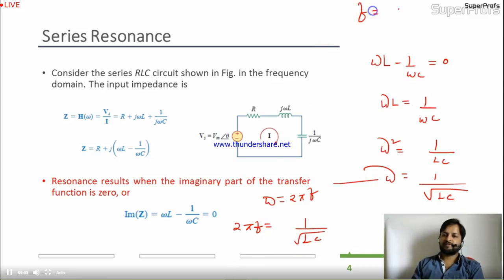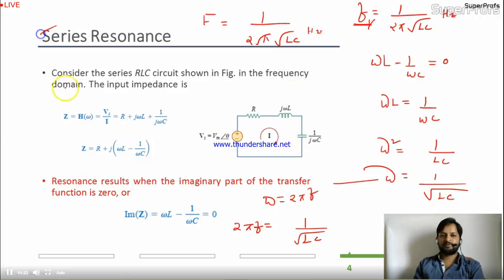So f is nothing but 1 upon 2 pi root LC. This is your resonance frequency Fr in Hertz. So the resonance frequency for the series circuit is 1 upon 2 pi root LC in Hertz. Is it clear to you?